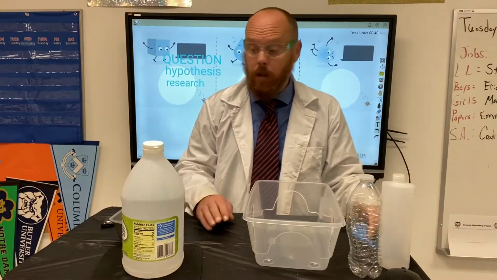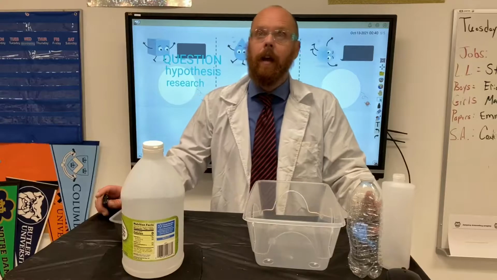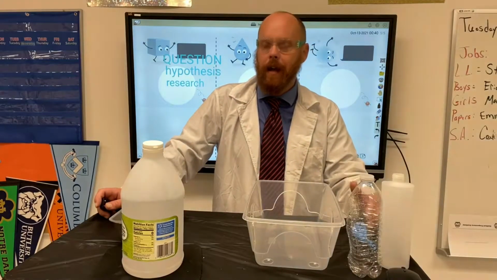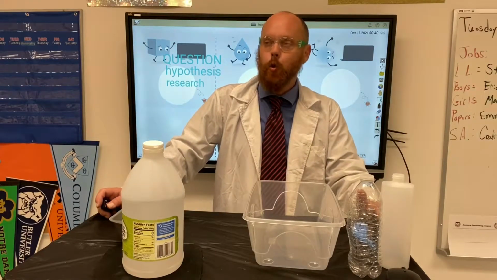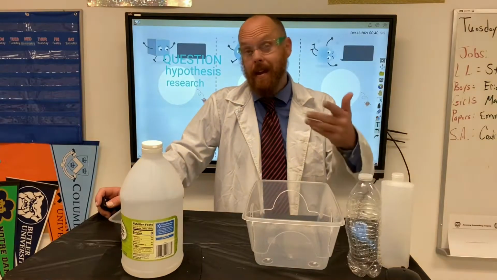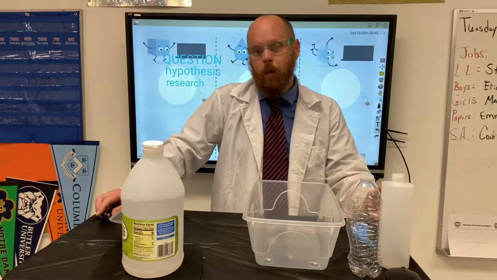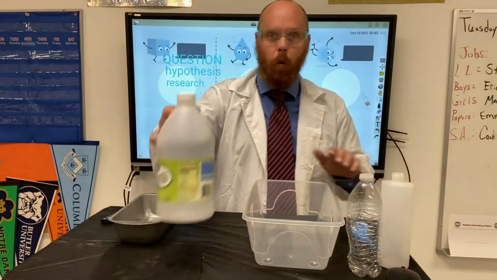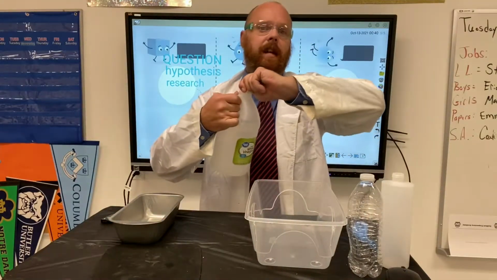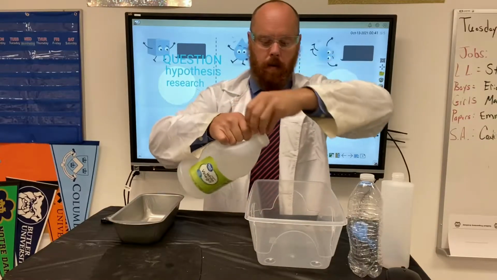So what we're going to do is test to see if we can heat up air enough to show convection and possibly even a state of matter change. The first thing that we're going to do is pour the cold water into our plastic container. All right.